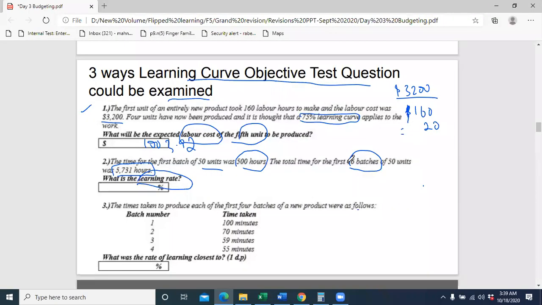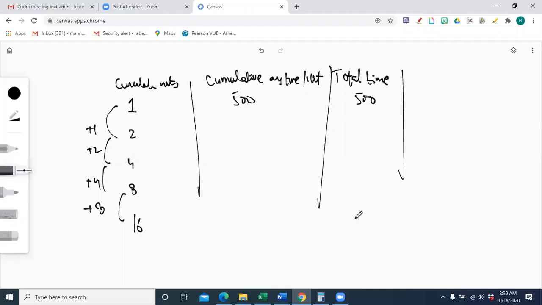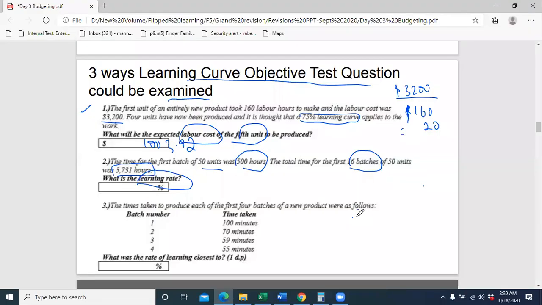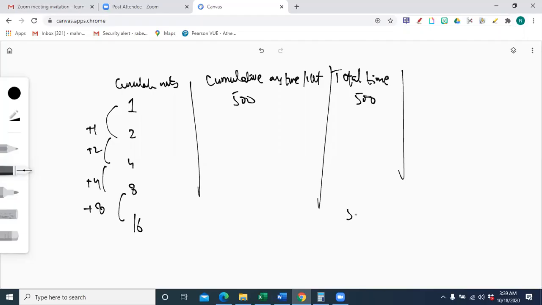And then I'm given the total time for 16 batches, which is 5731. So for 16 units, how do we calculate the cumulative average time per unit? Using the doubling approach, from the previous average you always apply the learning rate.